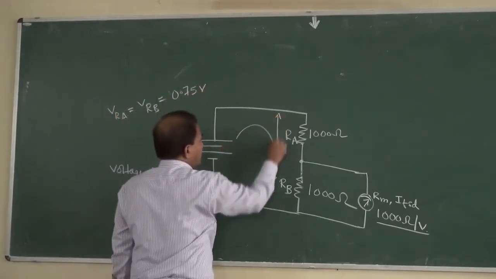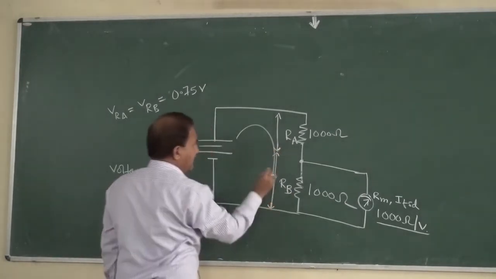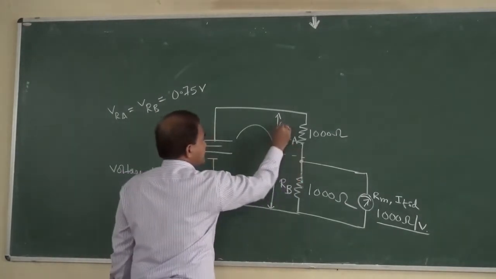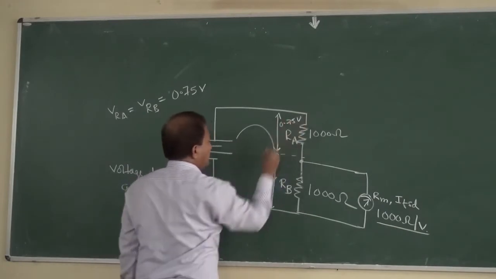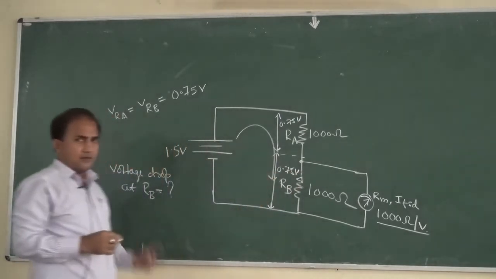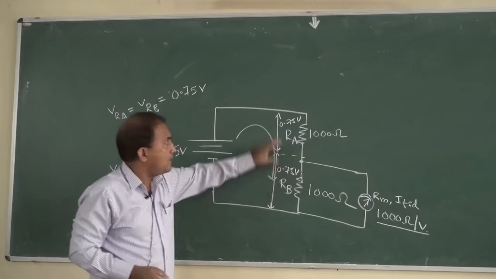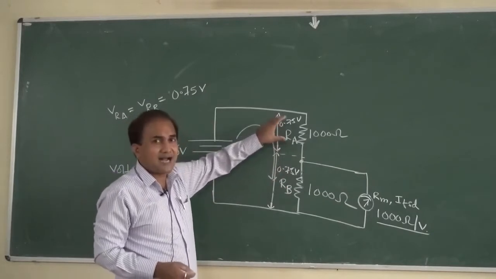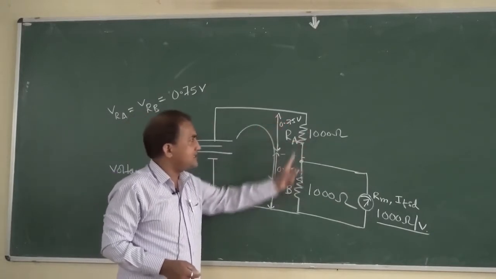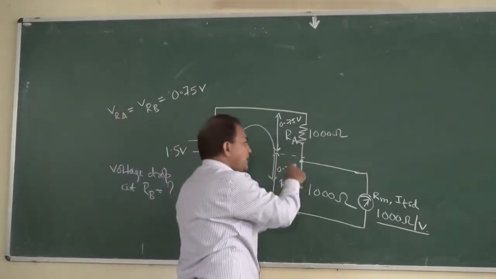Why? Because both the resistors are equal, so the voltage will be divided equally. So 0.75 volt is dropped across RB and 0.75 volt is dropped across RA, since these two resistors are of the same value.